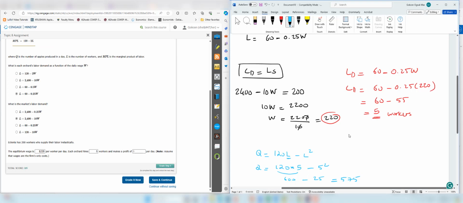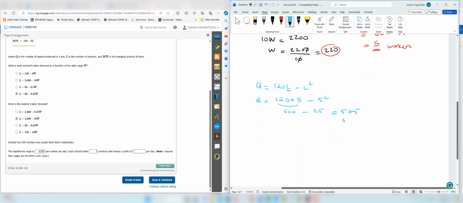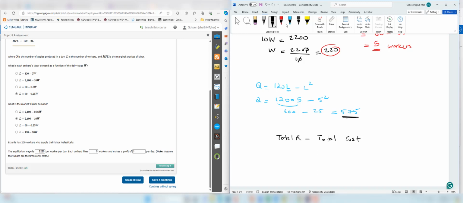Okay, so we find the quantity. Now the next question is how we are going to find the profit. Profit is total revenue minus total cost. For total revenue, I know the quantity and I know that each product is $2. So therefore it's $2 times 575. For the total cost, I know the wage, which is $220 per worker, times 5.